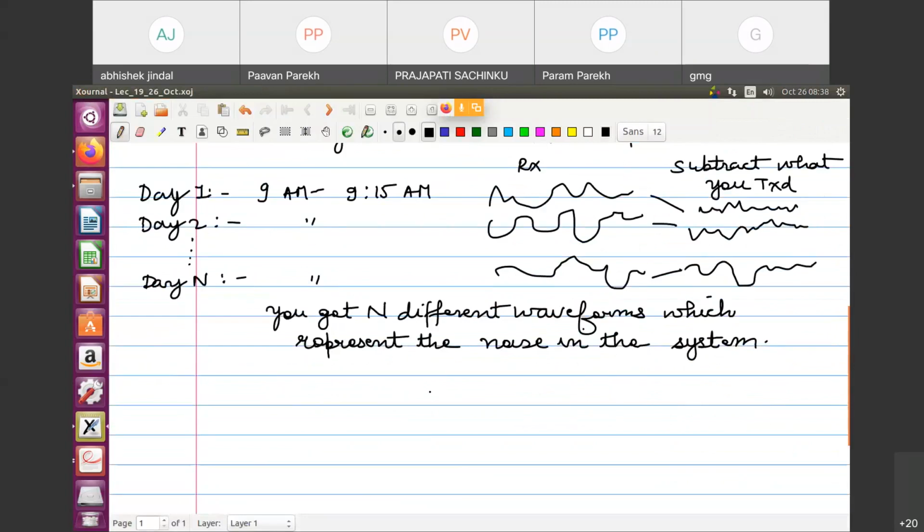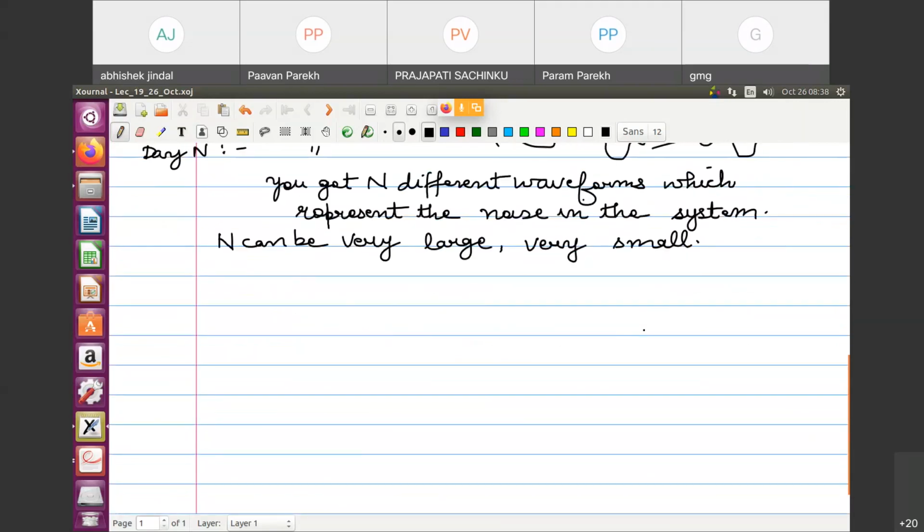Now this n can be very large, very small. So this leads to several possibilities. Now what to do? See, how do you study the system? So what can we say is that for the duration of 15 minutes, let us say this is my 0 time and this is my 15th minute in time.